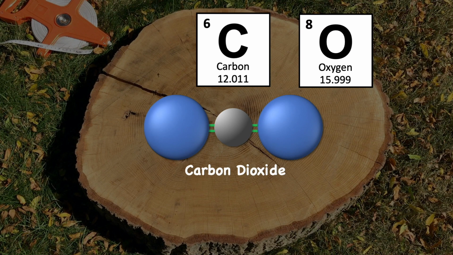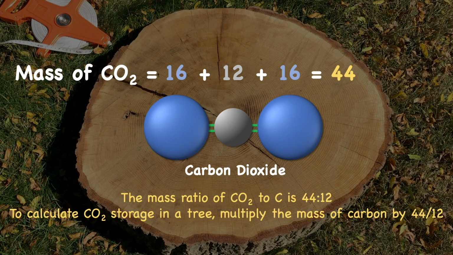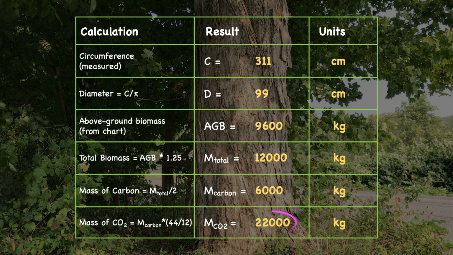And finally, if we want to express this as the mass of carbon dioxide, the mass of carbon is 12 and oxygen is 16, so 2 oxygens plus a carbon is 44. The mass ratio of carbon dioxide to carbon is 44 to 12. Therefore, to find the amount of CO2 stored in the tree, we multiply the mass of carbon by 44 twelfths.